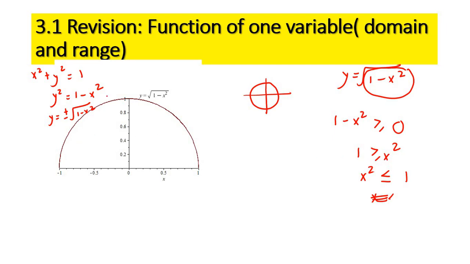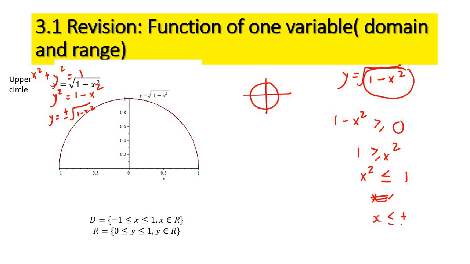But since we know this is a circle graph, x is actually from negative 1 to positive 1. And the range is actually the value of y, so it's from 0 up to 1. If you set it this way, x squared less than 1, you cannot say x is less than or equal to positive or negative 1.